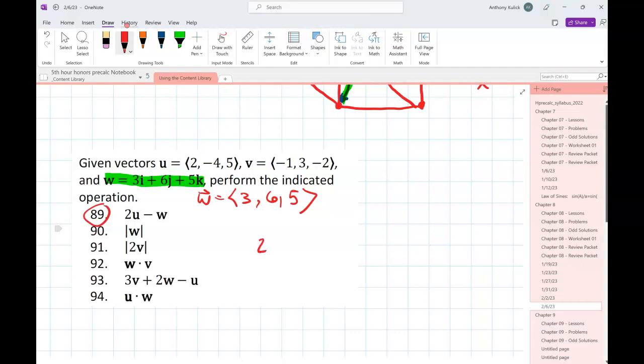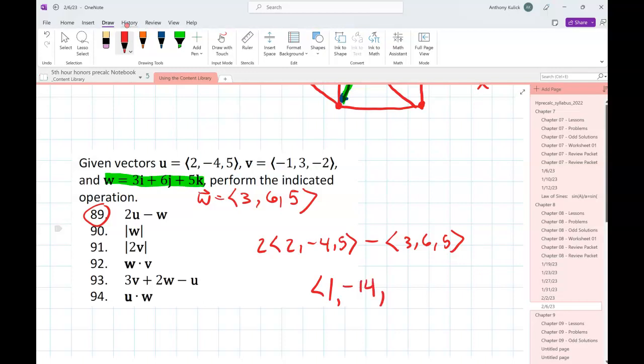So then I'm going to do 2 times U minus W. So 2 times 2 is 4, minus 3 is 1. 2 times -4 is -8, minus 6 is -14.